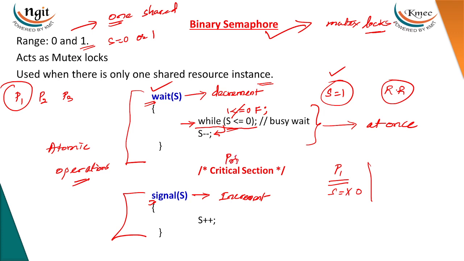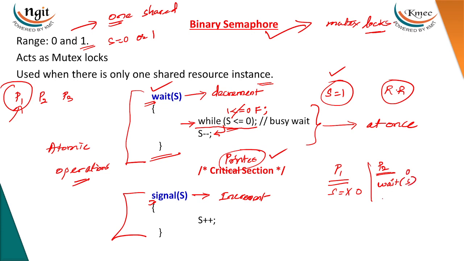Assume that it is a printer, and p1 is taking a printing operation. P1 is currently using the printer, so the s value is 0. Now at this time, if p2 executes the wait function, wait on s, what is the value of s? 0.